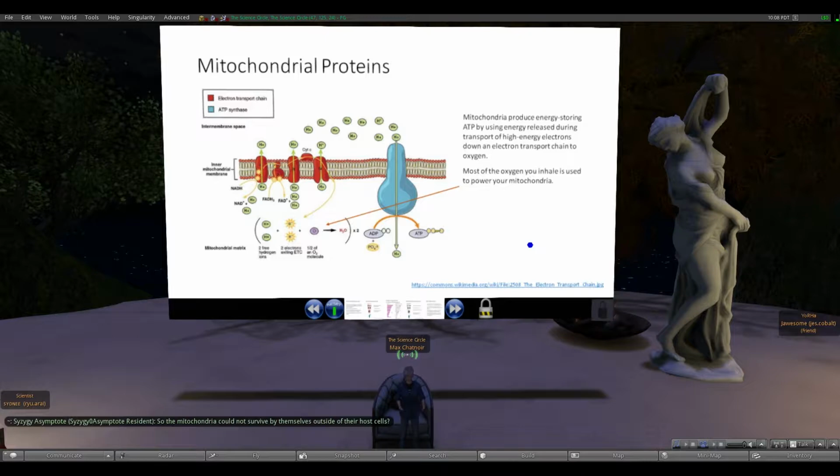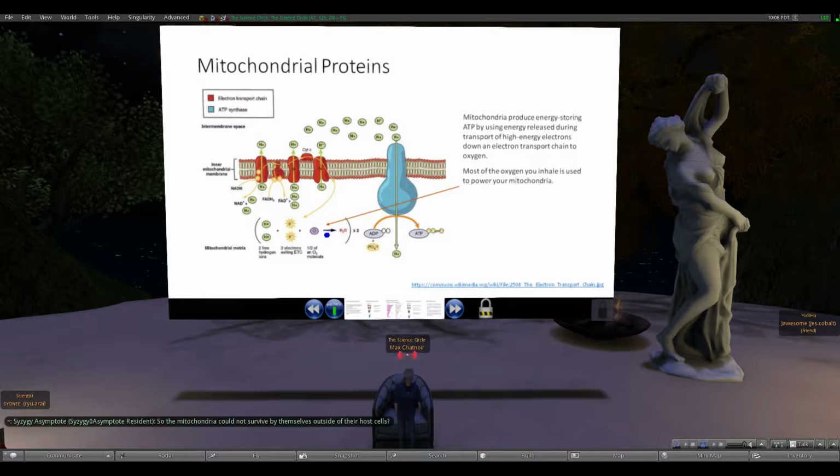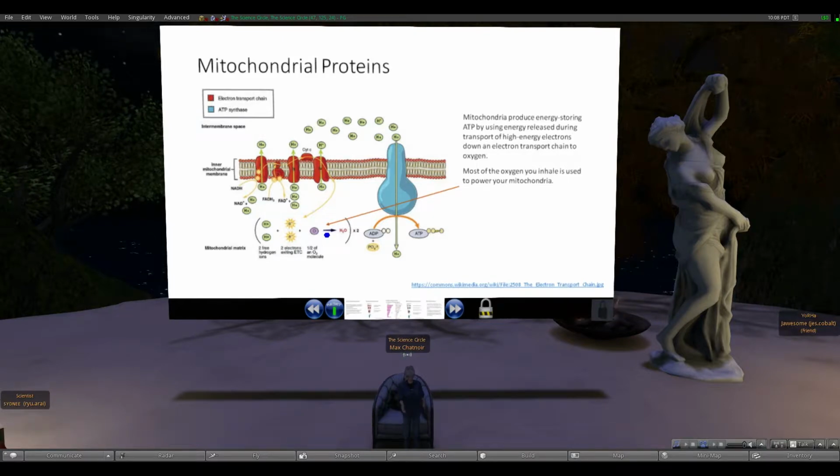So you'll notice that oxygen is used here as a terminal electron acceptor, and most of the oxygen that you breathe is for supporting your mitochondria. So if you stop breathing, your mitochondria will stop working and you'll stop working.